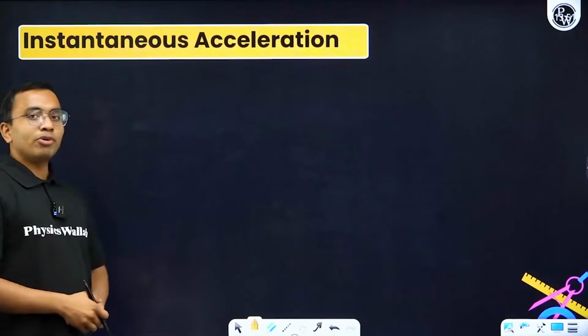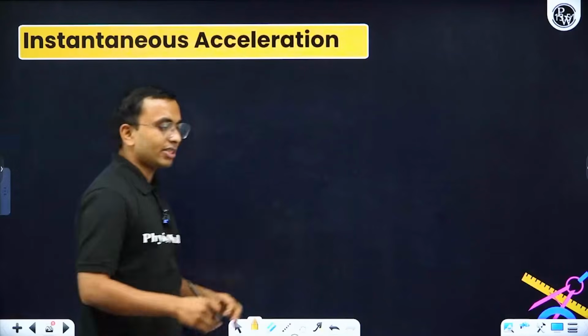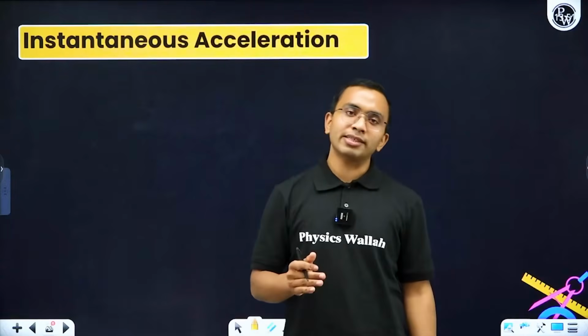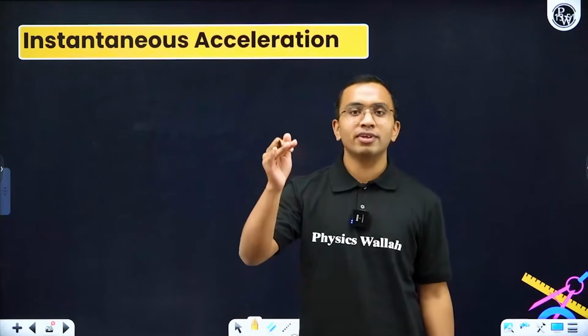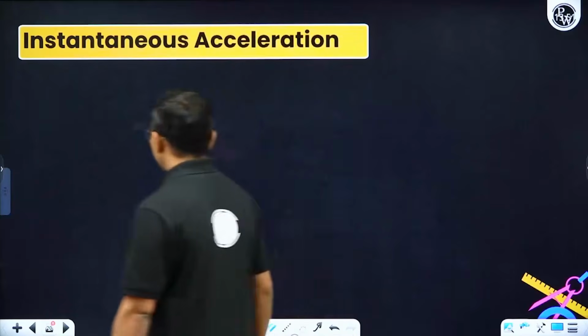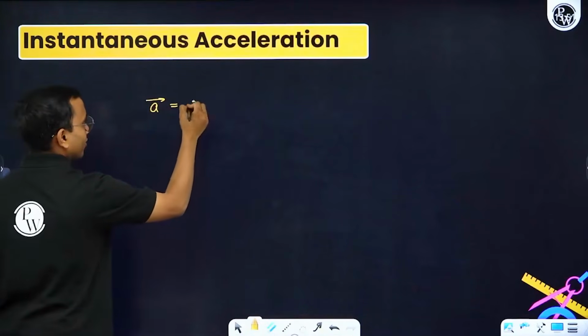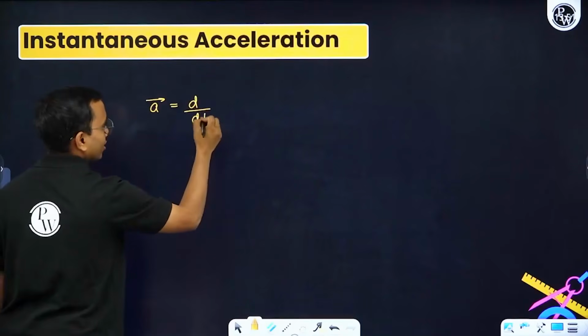Now let us talk about instantaneous acceleration. As we discussed, instantaneous velocity was the rate of change of position. So instantaneous acceleration is the rate of change of velocity. So when I say instantaneous acceleration, that is my a, the rate of change of velocity.